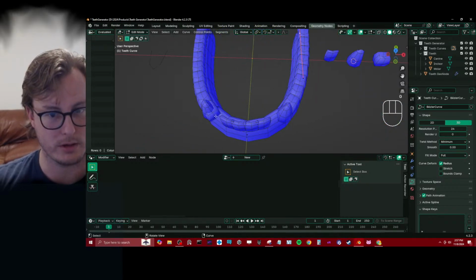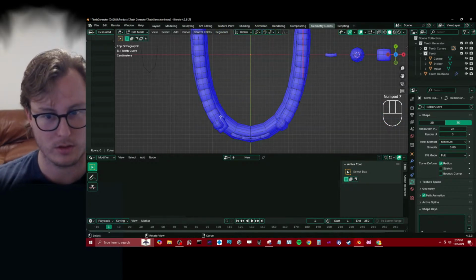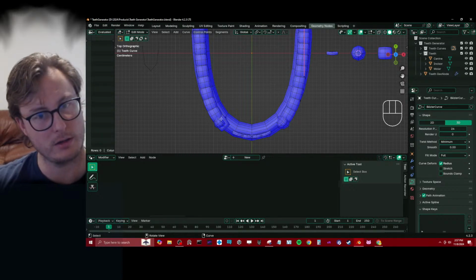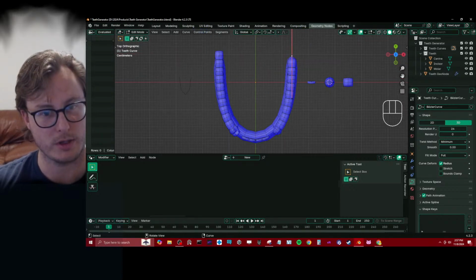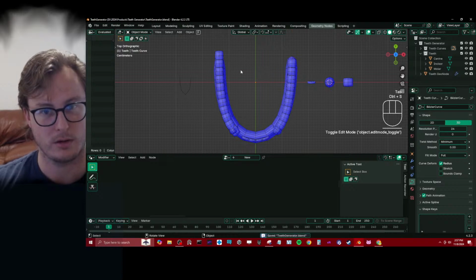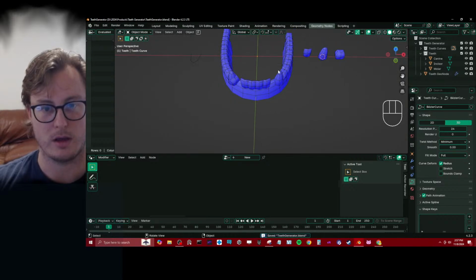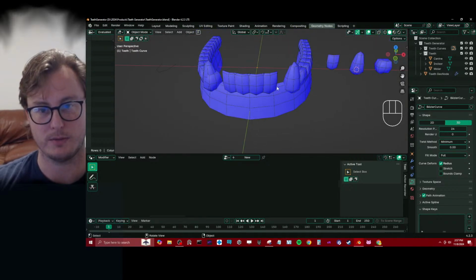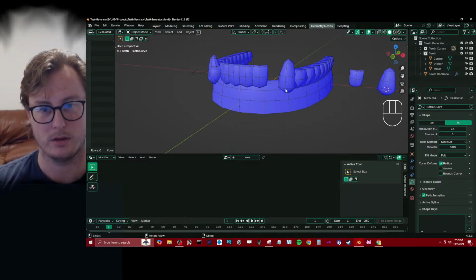And this one's wrong here. We're getting extra points on this one here. We'll have to clean that up. And then also the spacing here just feels really no good.